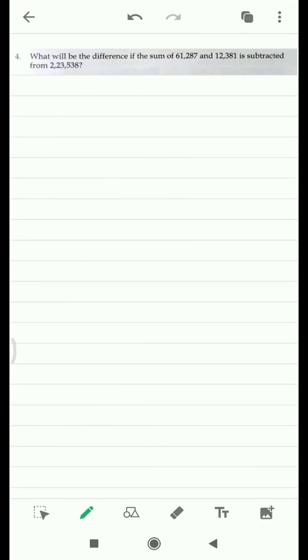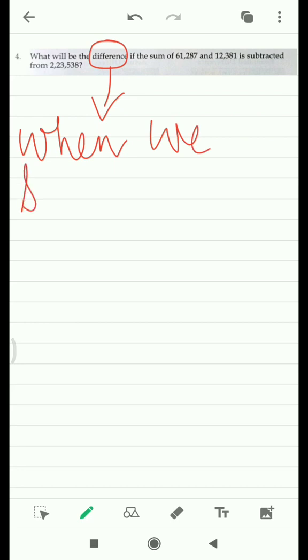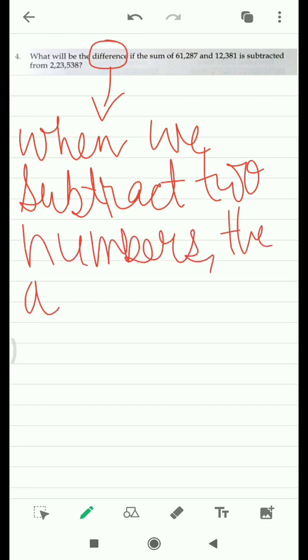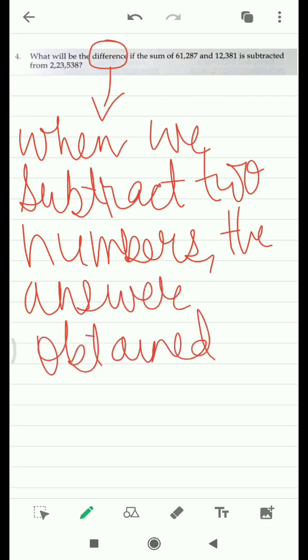Okay, our last question of the exercise. What will be the difference? Now, what does difference signify? When we subtract two numbers, the answer obtained is called the difference.